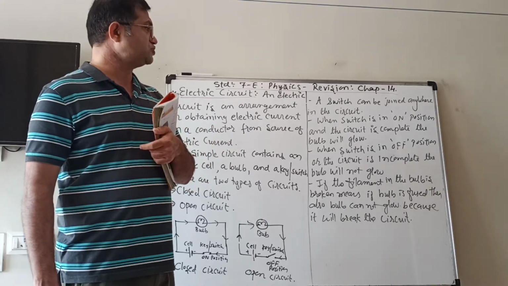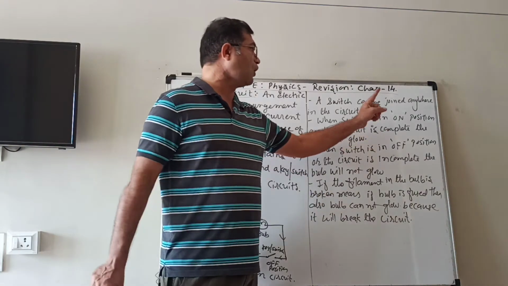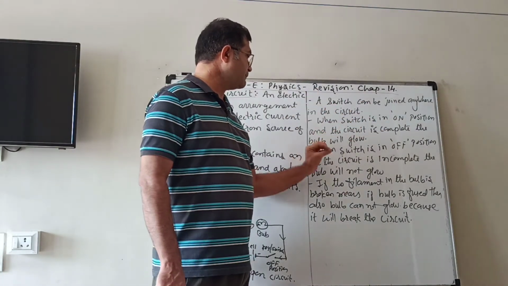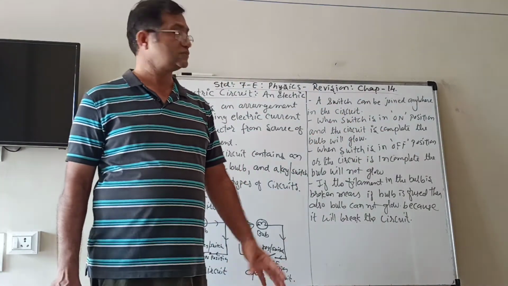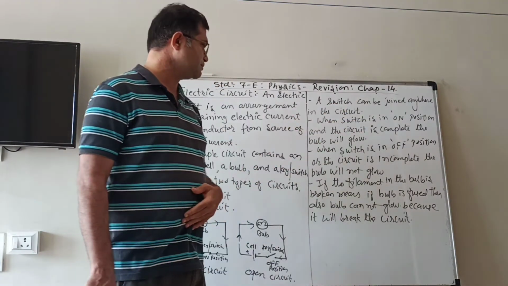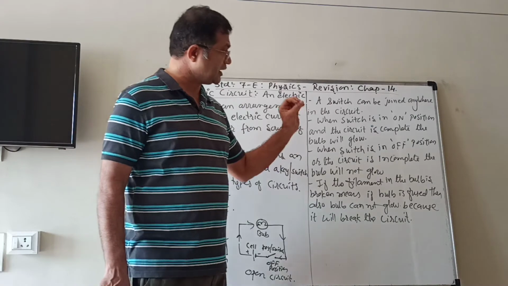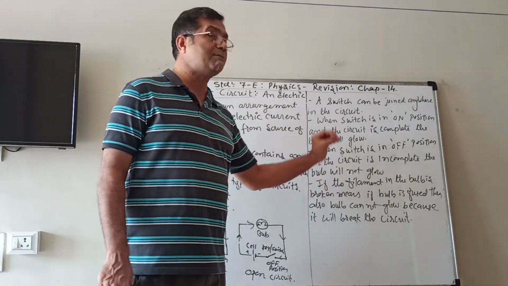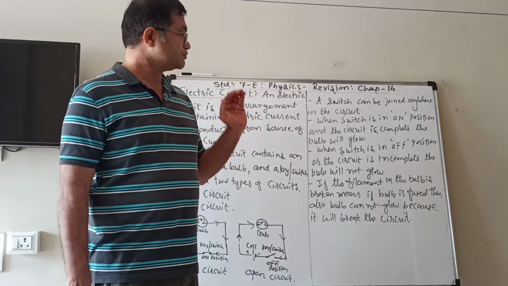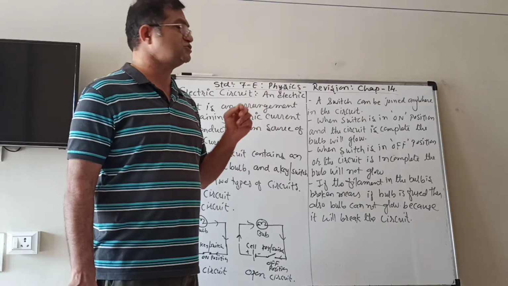And as I told you, when the switch is in on position and the circuit is complete, the bulb will glow. And when the switch is in off position or the circuit is incomplete, the bulb will not glow. So there are two situations.